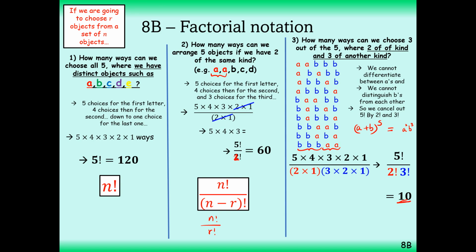If you check your Pascal's triangle, on the fifth row, when you have a power of 2, you'll get 10. Also, it's symmetrical, so if you had b to the power of 2, a to the power of 3, 10 is the coefficient of that as well, because it's the same calculation.